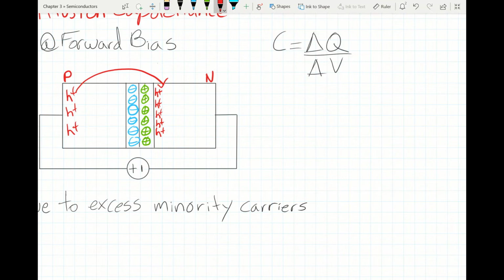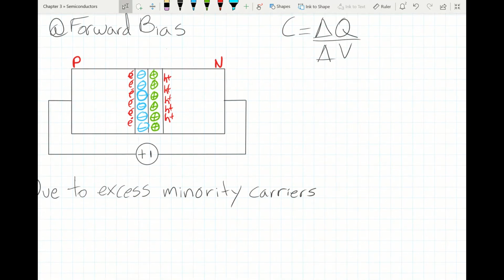And a similar thing happens with majority carrier electrons from the N side. They diffuse into the P side and they become minority carrier electrons once they move into the P side, near the depletion region.